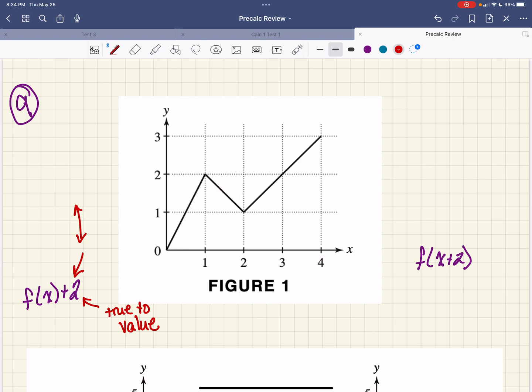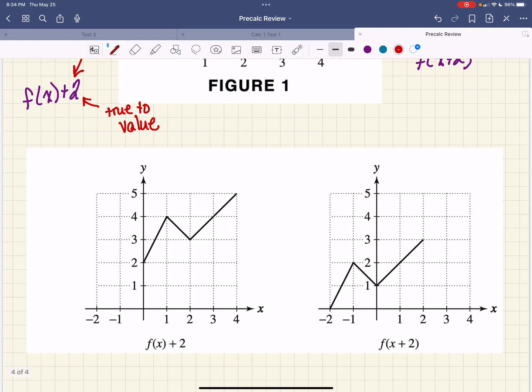So I'm going to take this point right here and move it up 2. This point right here is going to be moved up 2. This point and this point. Then my new sketch is going to look like this right here, because this affects my up and down. When it is outside like this, it goes up and down.